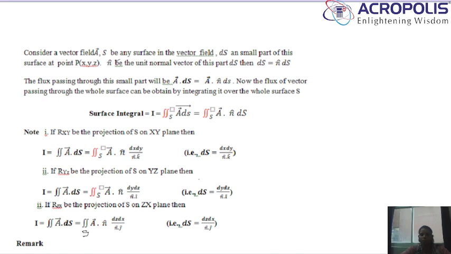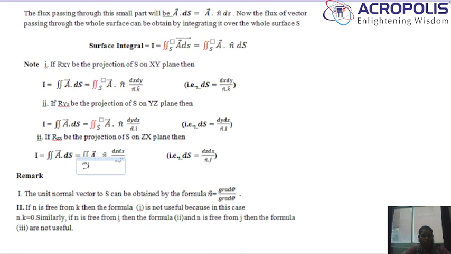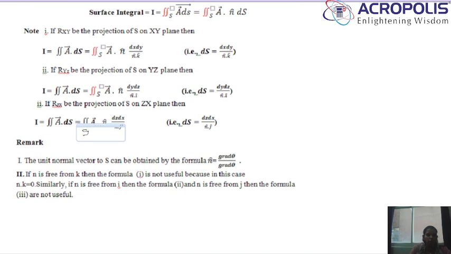Now here there are some remarks. If our object is a 3D surface, then we can calculate the unit normal vector by this formula: n cap equals grad phi upon mod of grad phi. Here this is the mod of grad phi.